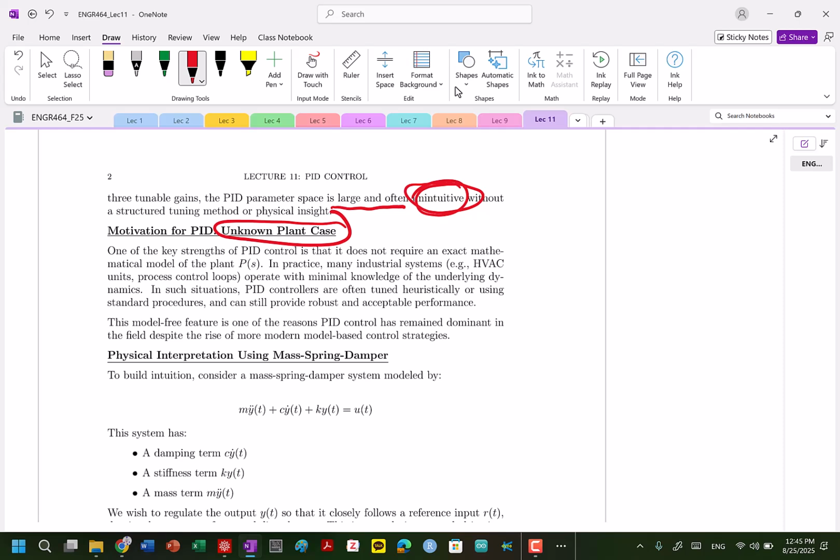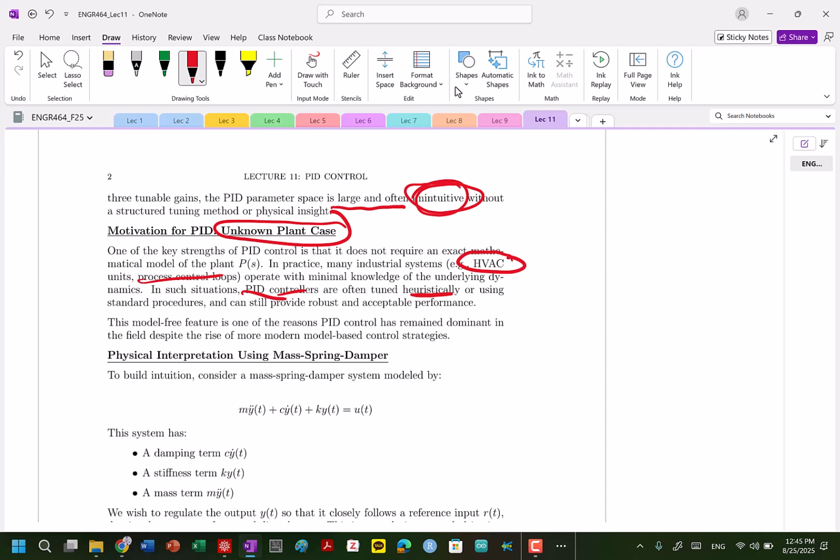However, there are lots of settings, especially in the HVAC world, process control loops, a lot of thermal and fluid systems, where the plant dynamics are either not well understood, too complicated to model, or hard to predict. In that case, you can bypass modeling the plant and implement a PID control and tune it, often empirically or heuristically, and you can still get acceptable performance.